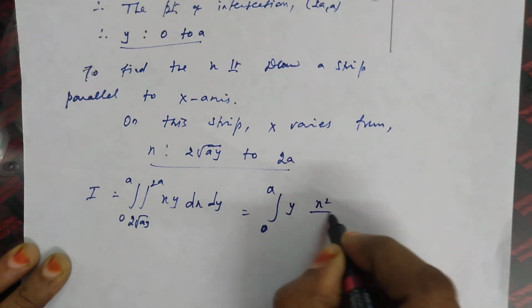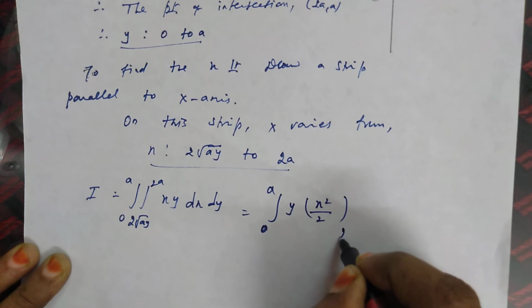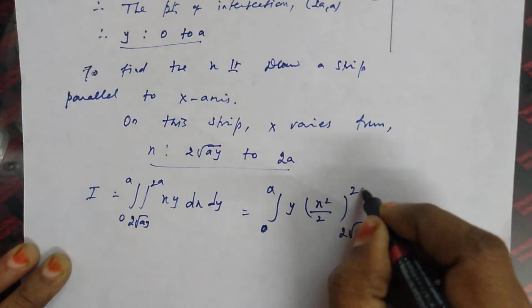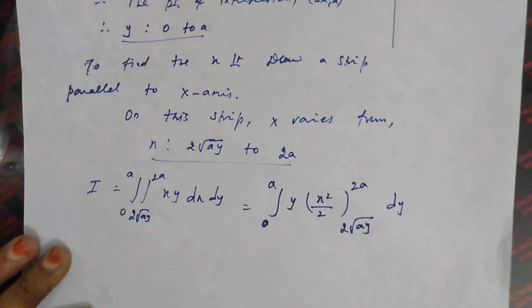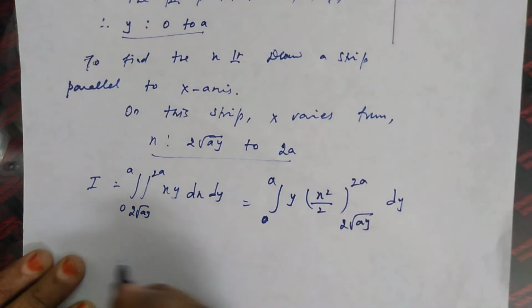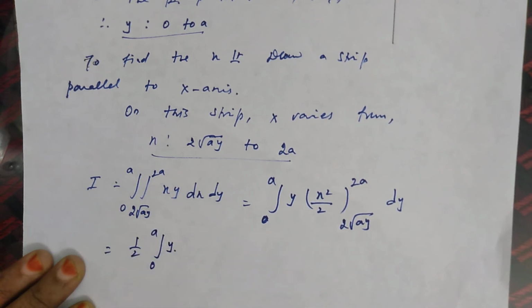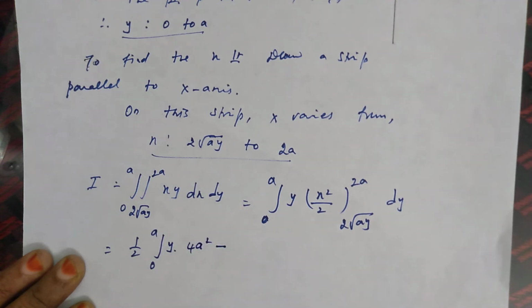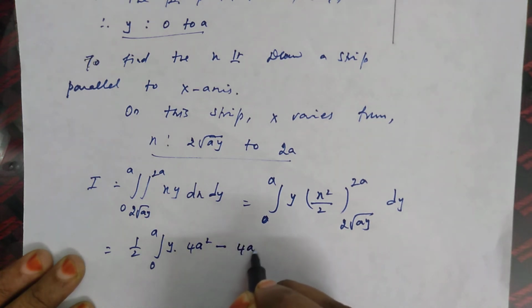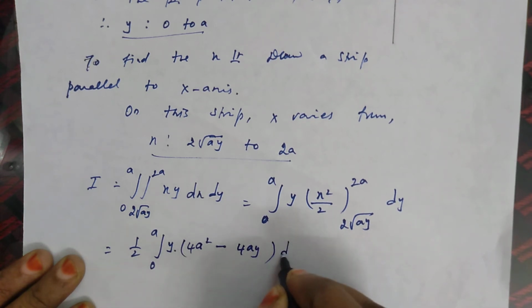Integration of x is x square by 2 with the limits 2 root ay to 2a into dy, upper limit minus lower limit. Before applying the limit we can take the 1 by 2 outside, it's a constant. So 0 to a, y into upper limit 2a the whole square, that is 4a square, minus 2 root ay the whole square, which means 4ay, into dy.